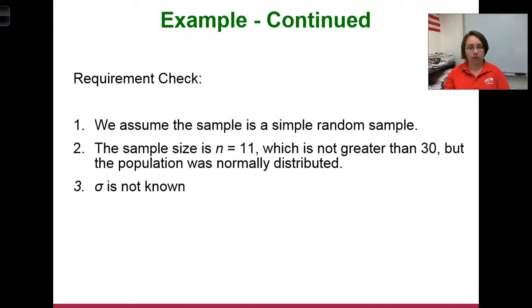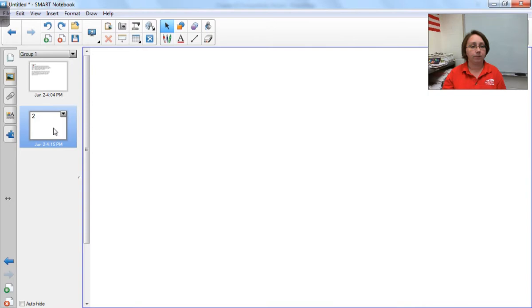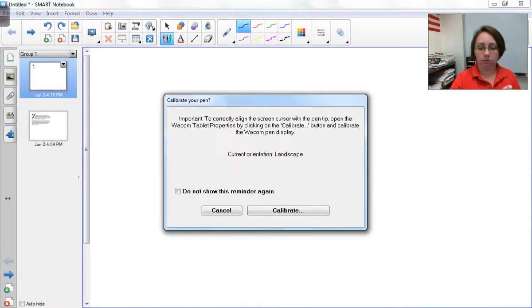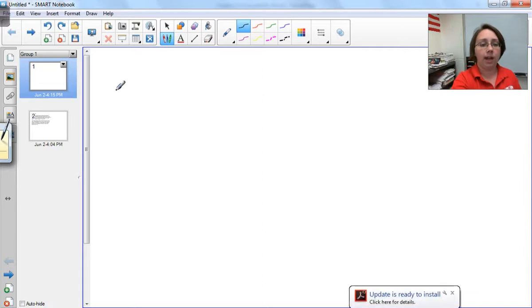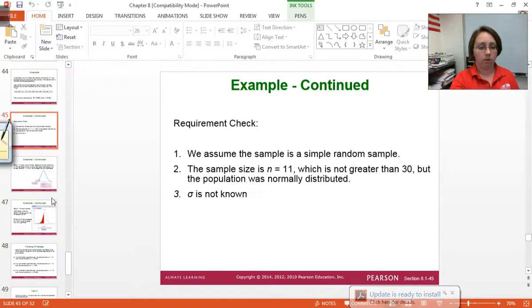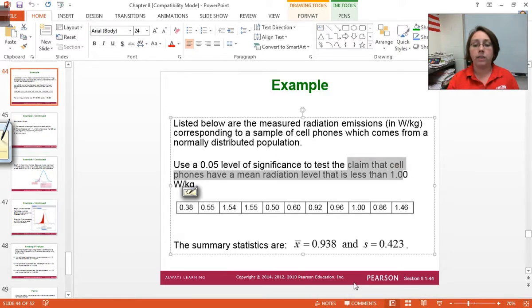All right. I'm going to actually bring up a place where I can write all this out. So in our question, we had a claim. What was the claim that we are testing? Let me go back to our question. So they want us to test the claim that cell phones have a mean radiation that is less than 1, whatever that is.